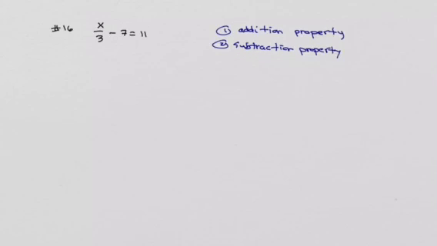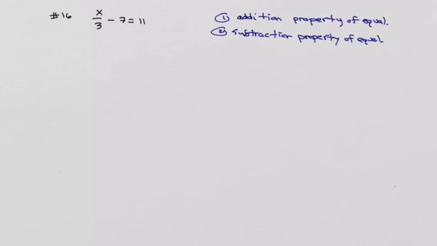And both of these are of equality. I'm going to abbreviate because I'm running out of room. And the reason they're called of equality, right, is because when I add something to both sides or subtract something to both sides, it keeps the expressions equal to each other.